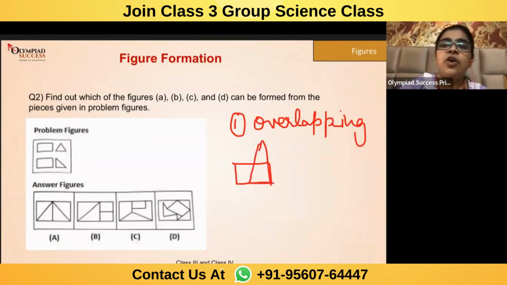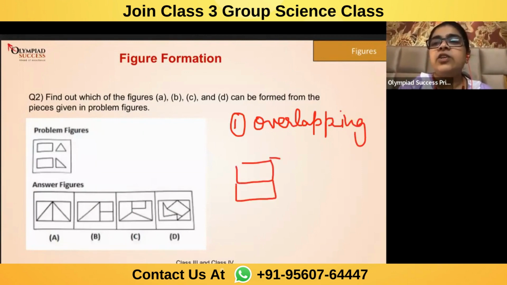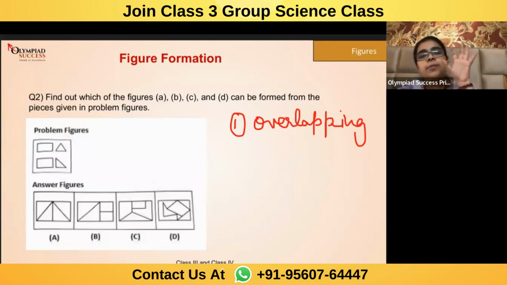That is wrong. When we are making a puzzle, we are just joining these parts like this to get our figure. You can stick them to one another, but you cannot keep one over the other. So no overlapping.